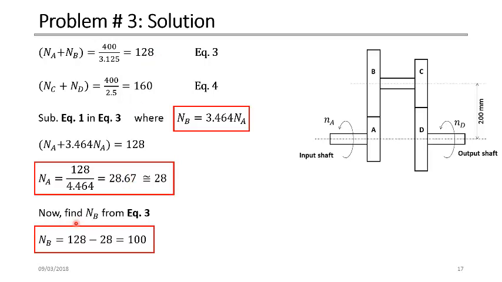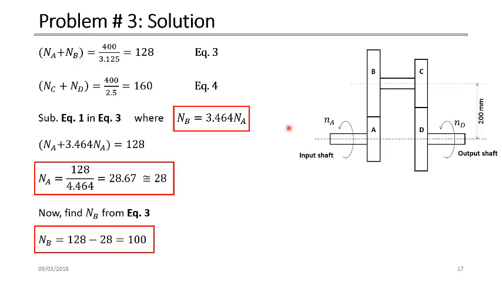So we can substitute the value of NA in this equation to get the value of NB. NB is equal to 128 minus 28, which is 100. So if we have NB as 100 and NA as 28, this is giving us 128, which satisfies this equation and consequently satisfies the center distance to be 200.